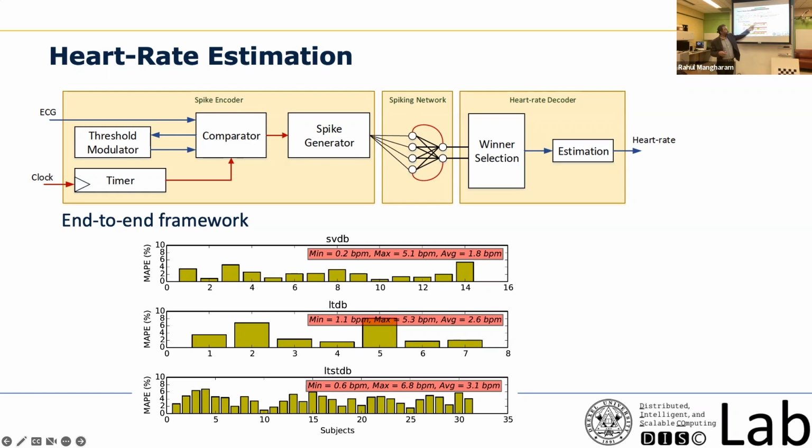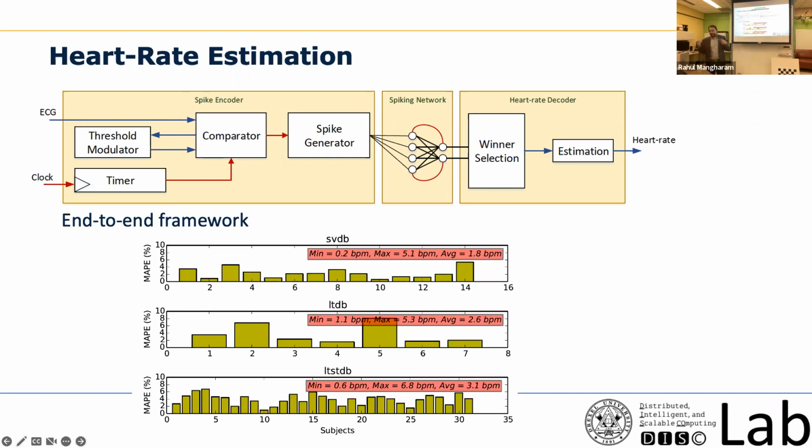On average, you can see 5 to 10 beats per minute. So these are the three databases, and each of these bars is for a different patient. Then you have the minimum beats per minute error and the average beats per minute error, and this is only for the spiking network.